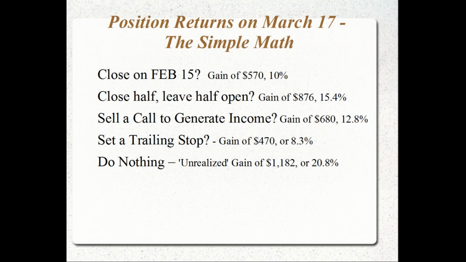You get taken out at $60, not using any management there, buying the call back for about $8, $9. So we have a gain of 680 or 12.8%. Your trailing stop would have been closed out 2 days later on February 17th, but a gain of 8.3%. And those of you who did nothing, of course, you're looking at a 20.8%.